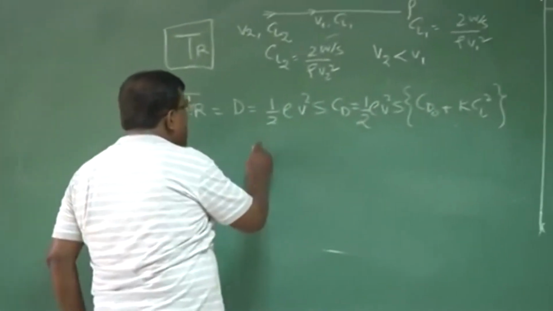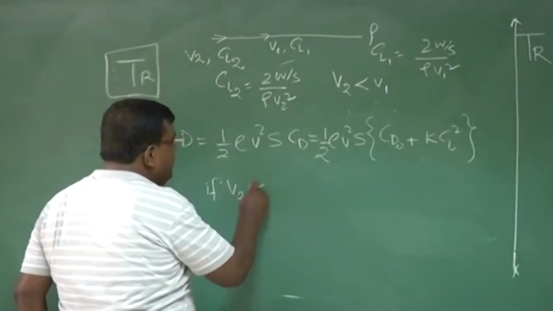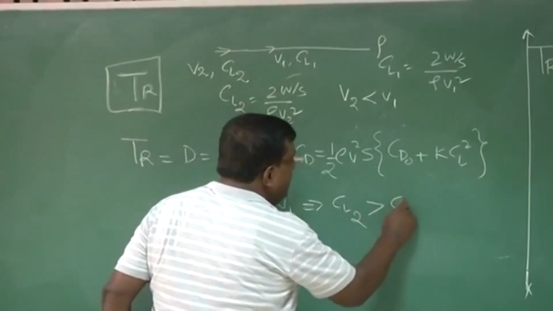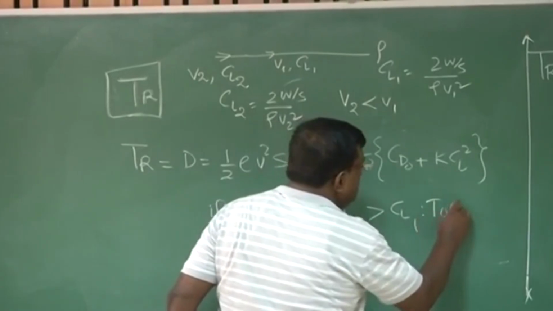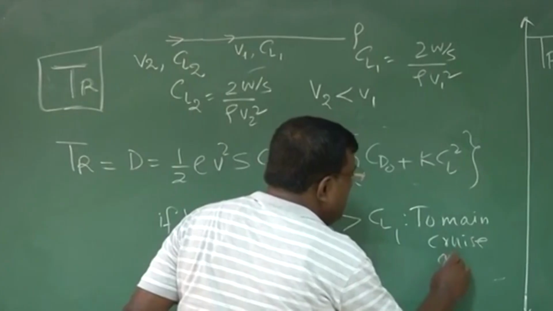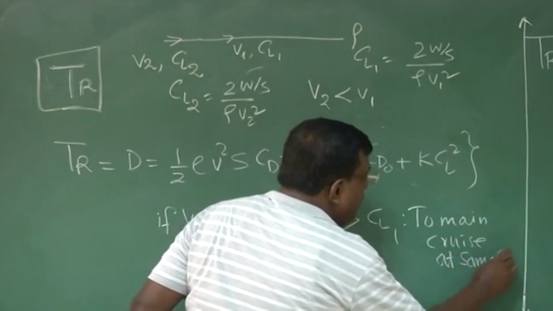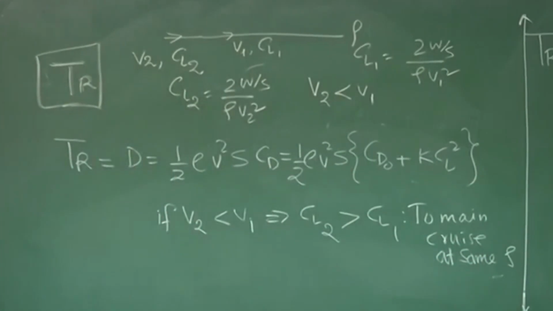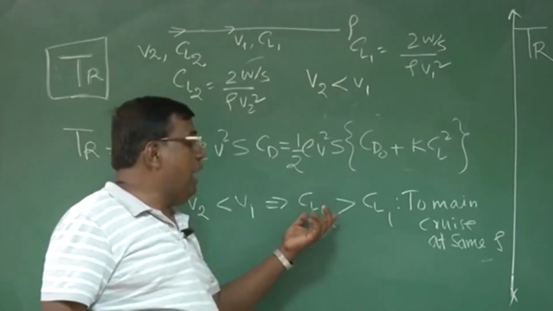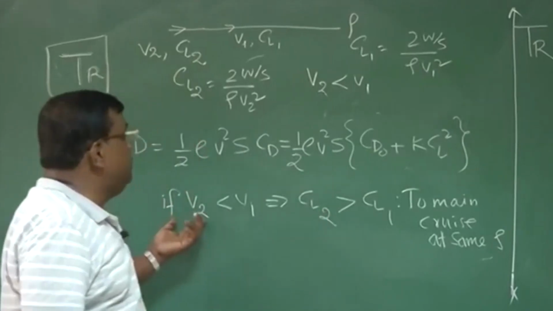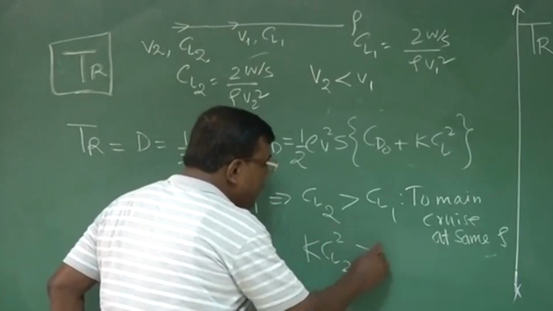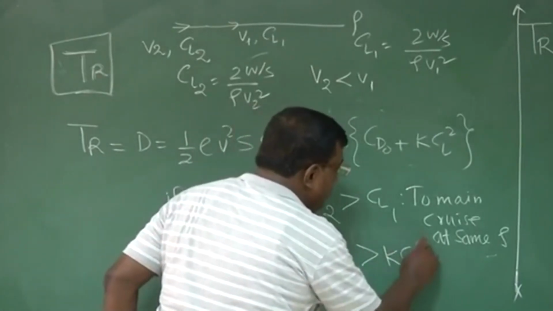So if V2 is less than V1, that implies CL2 is greater than CL1, to maintain cruise at the same altitude. CL2 greater than CL1 means the induced drag at CL2 at V2 will be more. So K CL2 square will be greater than K CL1 square.